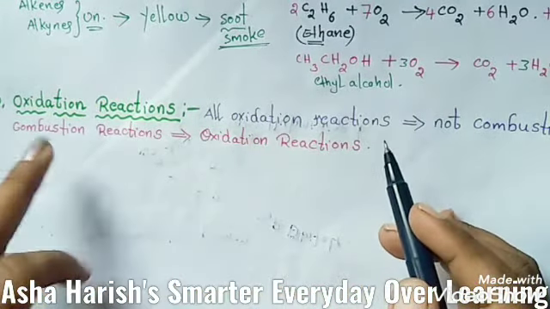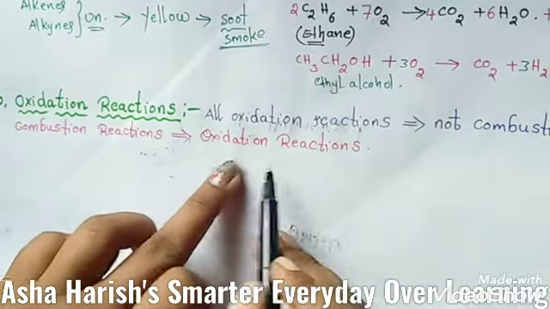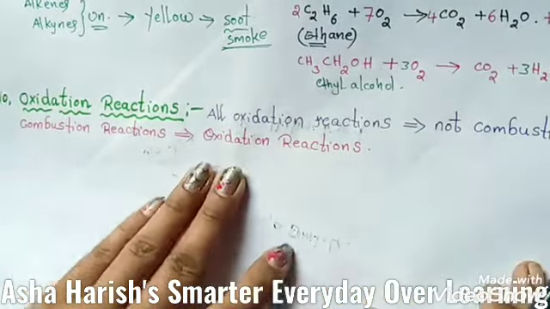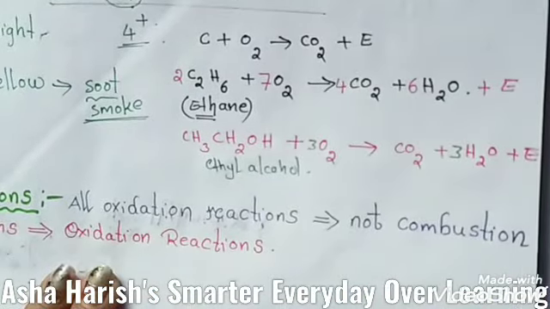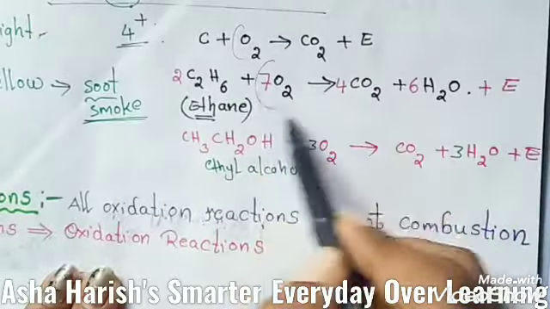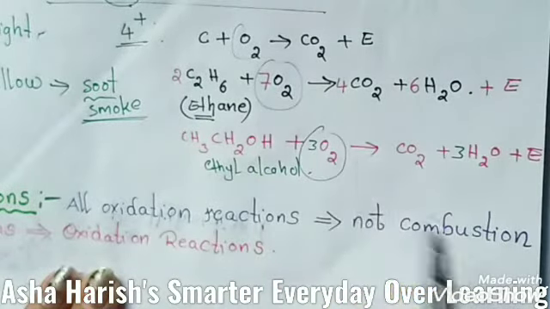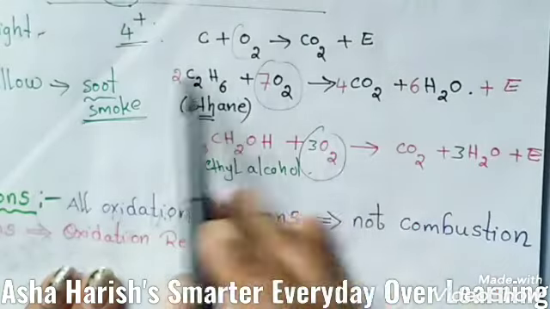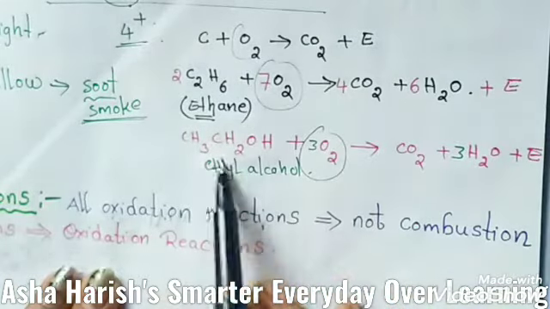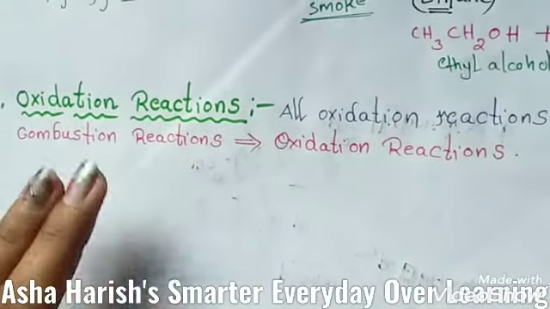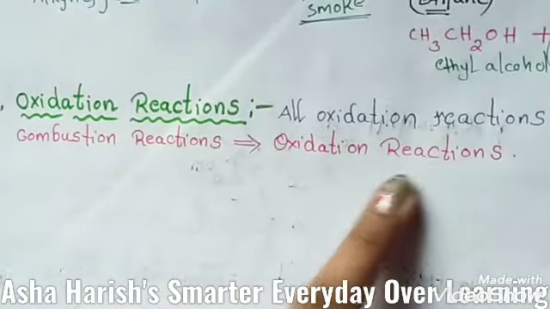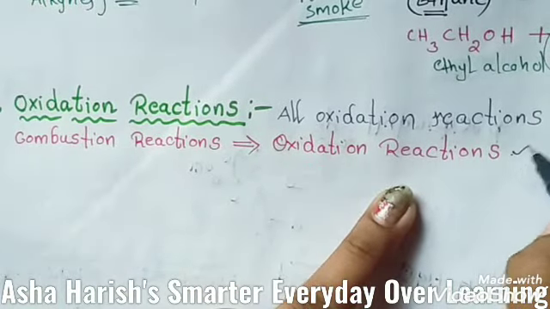Dear students, here you can see combustion reactions are oxidation reactions. As I told you, in the examples also you can see in all of these combustion reactions there must be the presence of oxygen. So here is the oxygen, here and here also. The addition of oxygen into any other substance is called an oxidation reaction. So see the sentence: all the combustion reactions are oxidation reactions. This is correct.